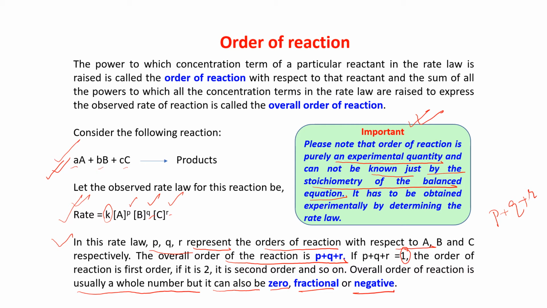These are the stoichiometry; experimentally, it may not be proportional to that. It has to be obtained experimentally by determining the rate law. Am I clear?